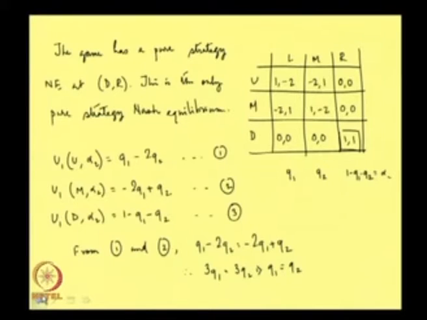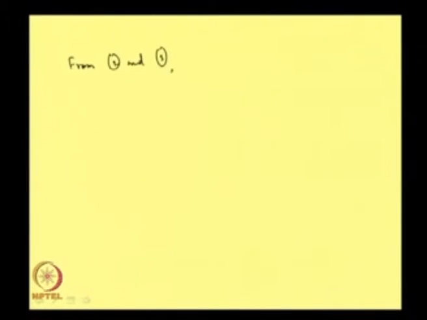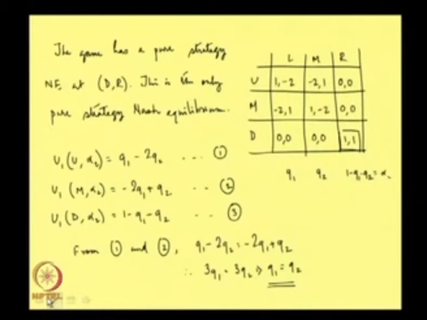Then their expected payoffs must be equal. So 1 must be equal to 2 and 2 must be equal to 3. From equality of 1 and 2, we have got q1 is equal to q2. From equality of 2 and 3, I have minus 2q1 plus q2 is equal to 1 minus q1 minus q2.